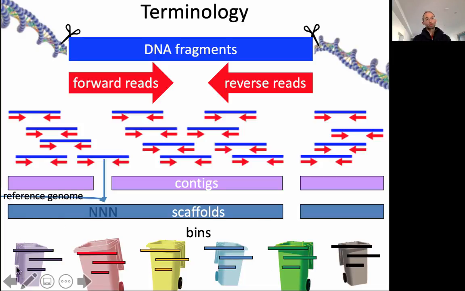And in a metagenome, of course, all of these might be mixed up because there's multiple species that are sequenced at once. And so we want to combine these sequences from multiple organisms into different bins representing the same genome. So this terminology is important, and I will use these terms throughout the presentation.